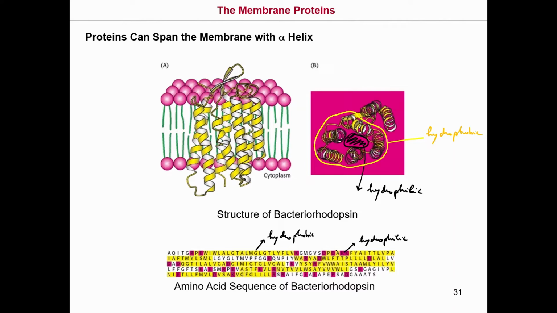So the pink amino acids will be inside the protein, and the yellow amino acids will be outside the protein, interacting by hydrophobic interaction with the tails. Okay?